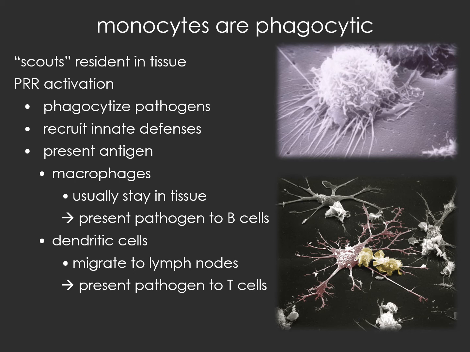Now on the bottom here, we see a very classic textbook example of dendritic cells. And those of you who have taken physiology and have seen what dendrites look like, you might be thinking to yourself, I get it. That's why they're called dendritic cells, because they have these long branching projections that resemble the dendrites of neurons. But they are not at all like neurons.